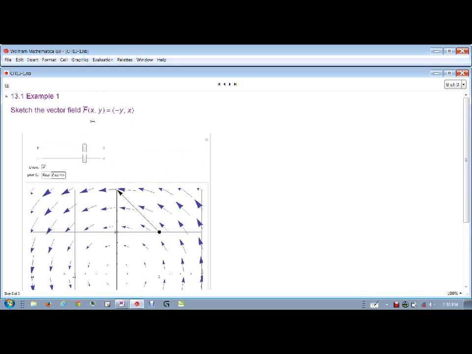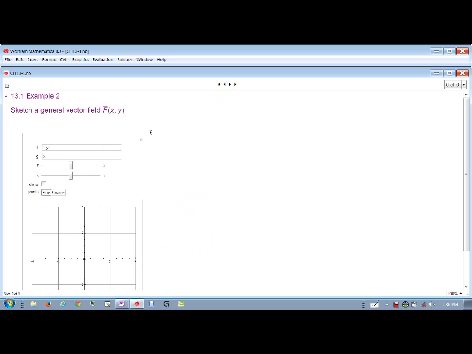So what about a different vector field? I've got another one here that I can just type in my own. So what do you want? You want 1 over x? Let's try that. I'm going to get undefined, so why don't we do this? If I always want to stay defined, could I do this? 1 over x squared plus 1.